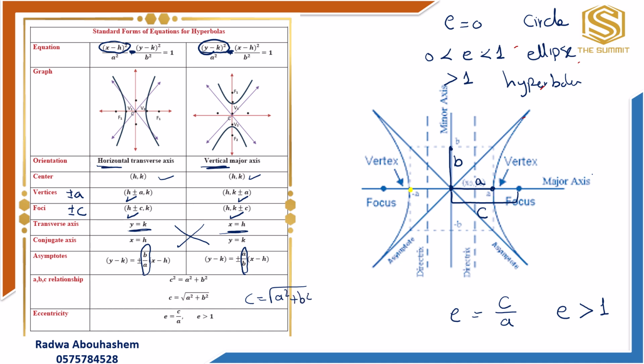In ellipses, it was different: a^2 - b^2. But in a hyperbola, it would be a^2 + b^2. And the eccentricity, as I told you, is c over a, and e is all the time greater than 1 for a hyperbola. Now let's try to solve some problems in it.